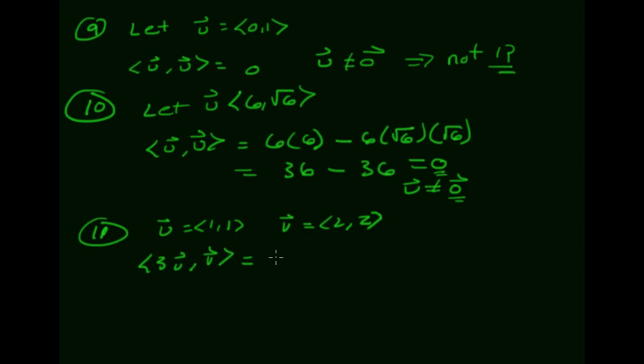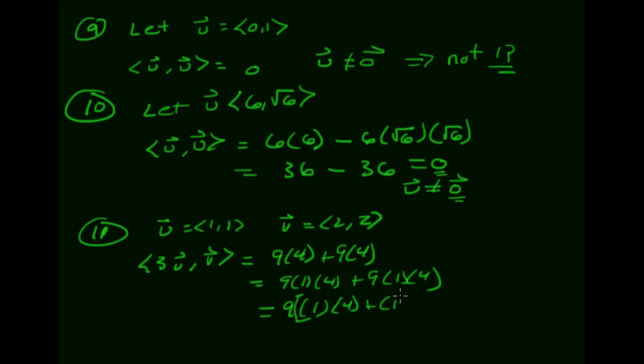So this would be 9 times 4 plus 9 times 4, which would be 9 times 1 times 4 plus 1 times 4, which is 9 times the product of u and v.